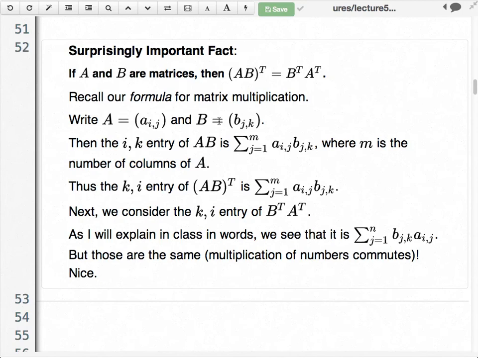The other thing is that if you have a matrix A and a matrix B, we've written the ij entry of A as a_ij, and the jk entry of B as b_jk, then when you multiply together these two matrices, the ik entry of the result, AB, is simply the sum of a_ij b_jk.